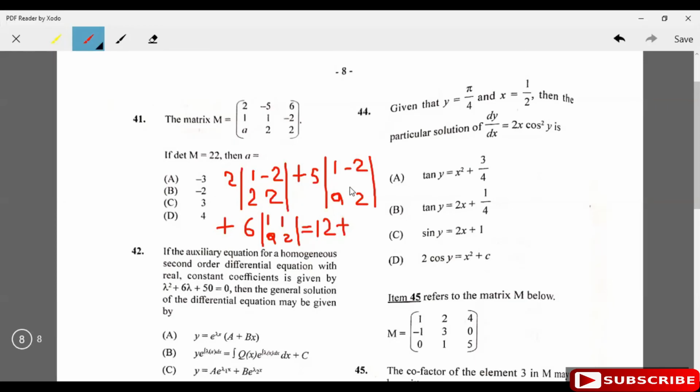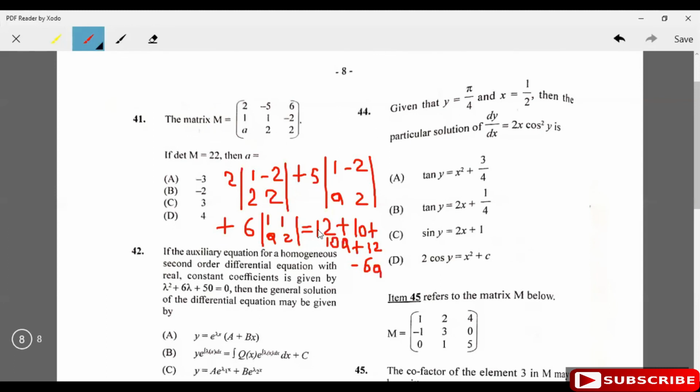Plus, this part simplifies to 2 plus 2a, times 5. 2 times 5 is 10, and 2a times 5 is 10a. And then the last part works out to 2 minus a, and 6 times 2 is 12, then minus a times 6 is minus 6a.